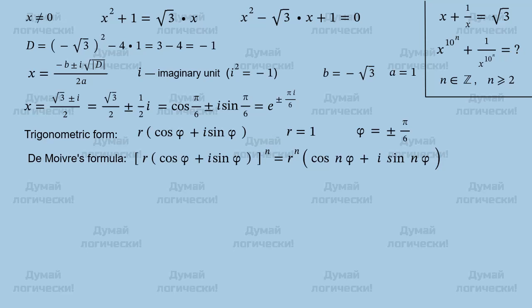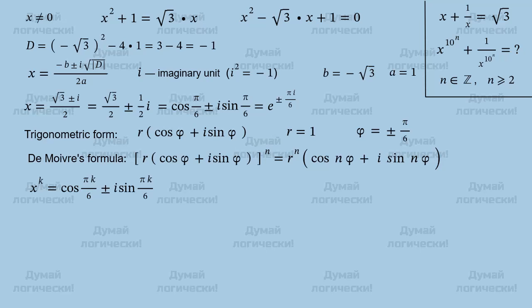Since letter n is already used for the power of 10, I am going to use letter k for the power of x. So x to the power of k equals cosine of pi k over 6 plus minus i sine of pi k over 6.